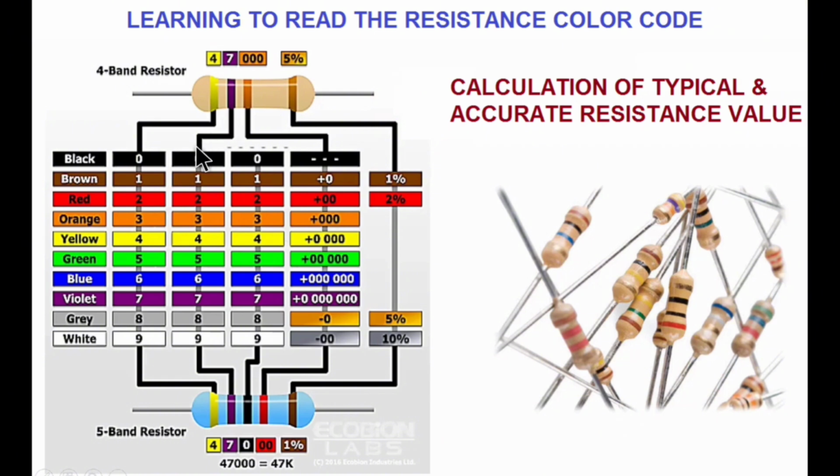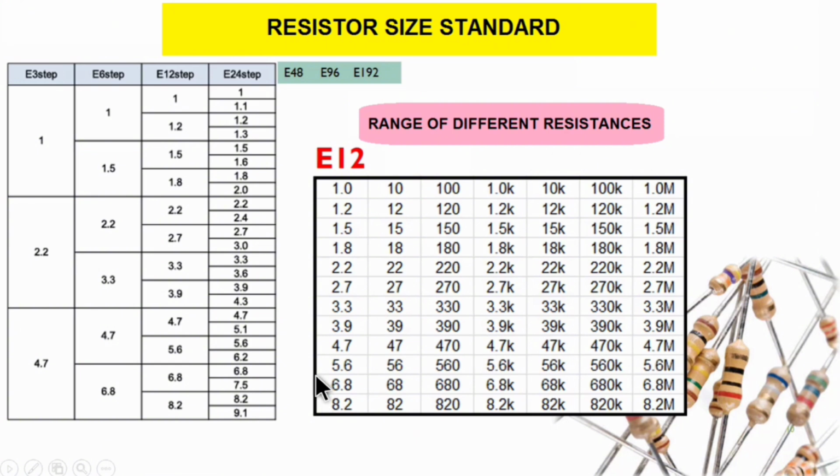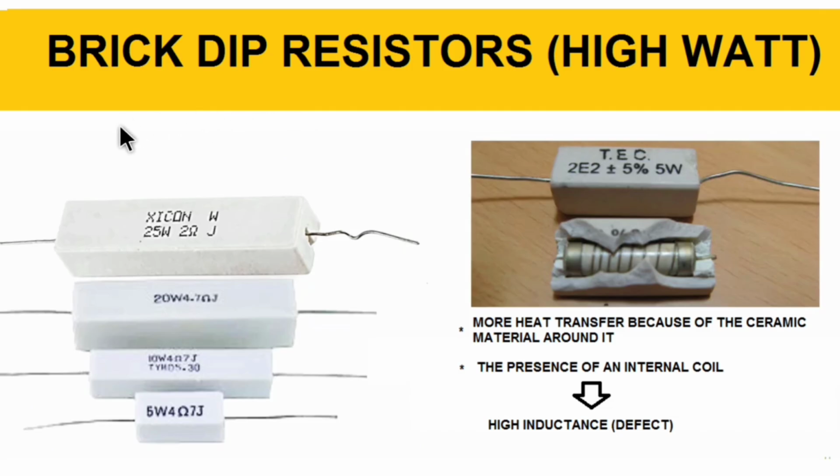The purple color becomes 7, and the brown color becomes the number 0 in front of these two numbers. In the same way, this is for the size of a 4 color resistor. If our resistance is accurate, it is identified by 5 colors. In this table, you can see the resistor's standard size. And here you can see the DIP resistors in different watts.